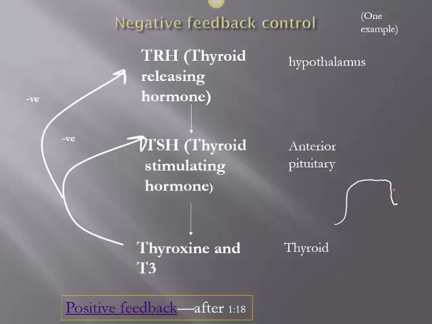When they reach a point where the levels have fallen below what you want, this negative effect will go back off, and this will be released again, and more of this, so it will keep having this cyclical kind of pattern, okay? And so that makes sure that you never get into a hypo or a hyper secretion normally. So let's look at feedback.